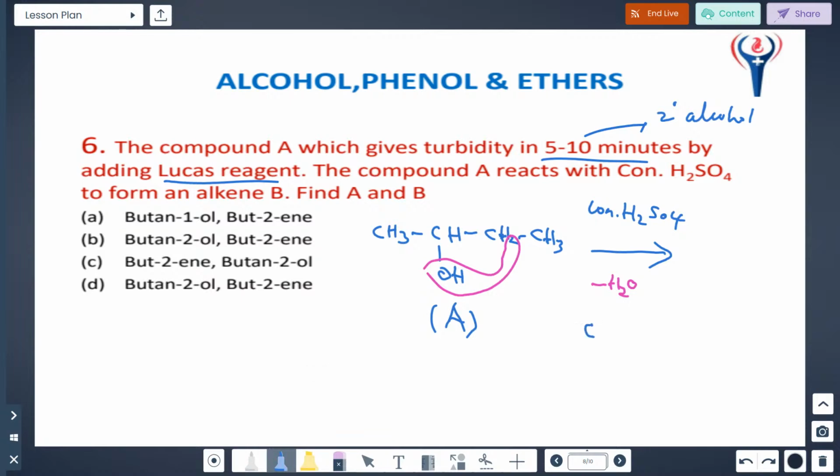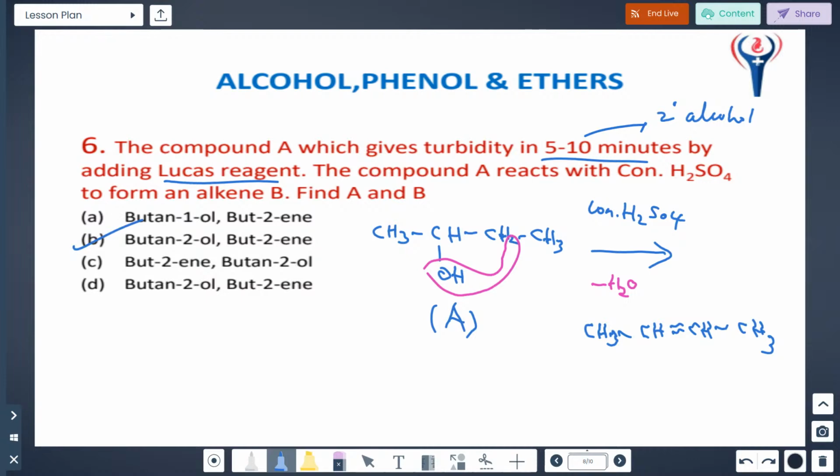CH3, CH, double bond, CH, CH3. The double bond is between carbons 2 and 3, so it is called butene. So butane 2-ol and butene, B is the correct option.